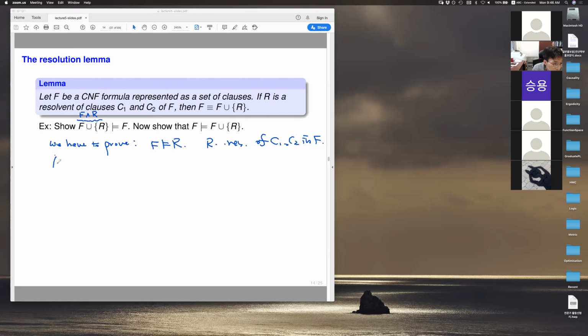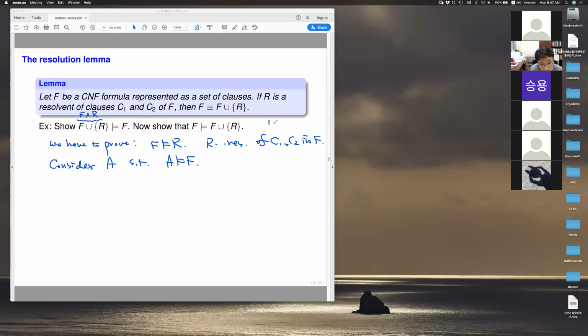Now we consider an assignment of variables, which maps all the propositional variables to 0 and 1, such that A satisfies F. By the way, because R is a resolvent of C1 and C2, there should be literals which are canceled when we obtain R from C1 and C2.